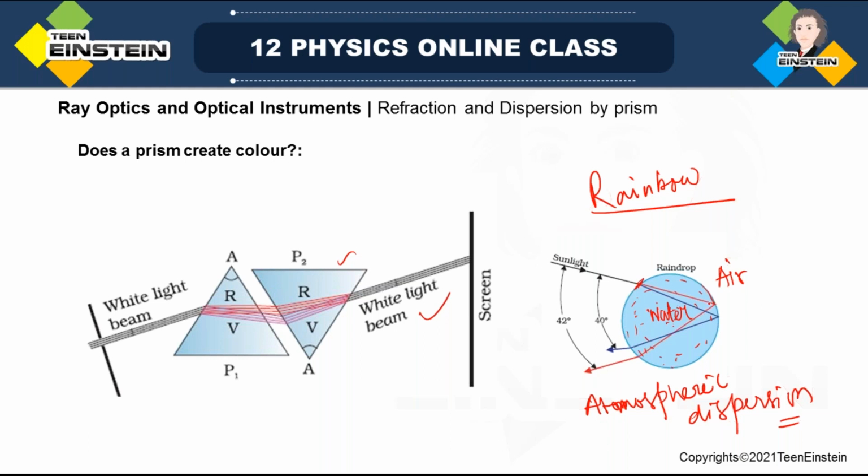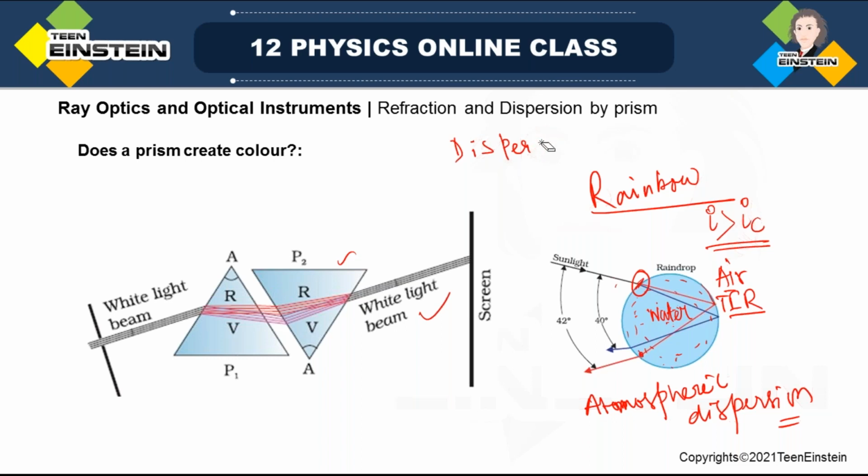Luckily, by nature, the angle of incidence becomes greater than the critical angle iC. And what happens over here? TIR, total internal reflection, and then the light gets back to this space, and here refraction happens again. So the rainbow is formed due to three fundamental phenomena.